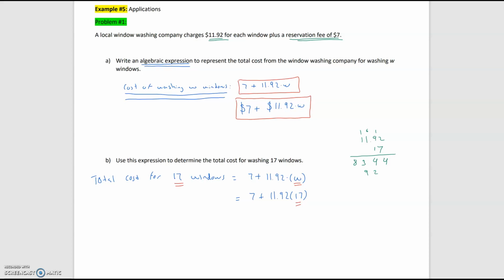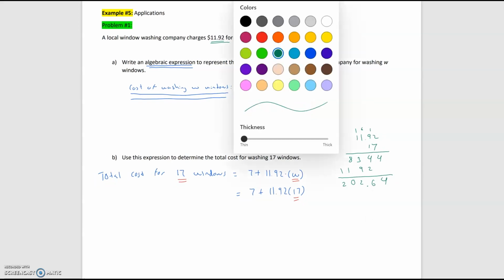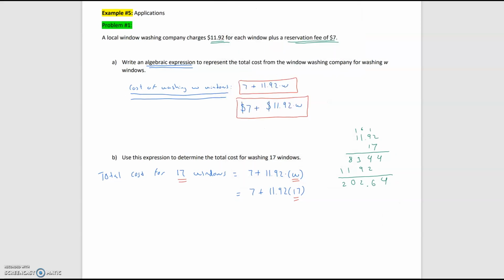We need a 92 and 11 since we're multiplying by 1. Let me double check. Oh, this is a 2, sorry. So this will be 12, and we carry 1. Okay, so we're getting 202.64 for the multiplication of those two.